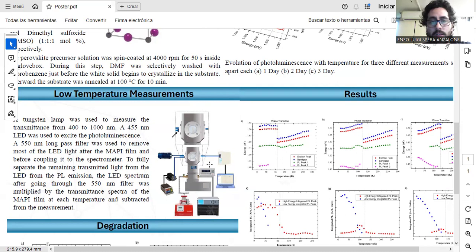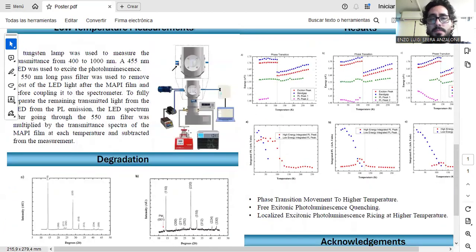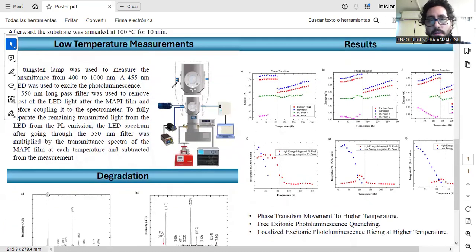Outside of the cryostat, before coupling to the spectrometer, we put a 550 nanometer filter to take away the remaining blue light from the LED and have a better signal for the photoluminescence. We analyzed the absorbance spectrum with the Elliott formula for exciton absorption and used a Gaussian function to model the photoluminescence.